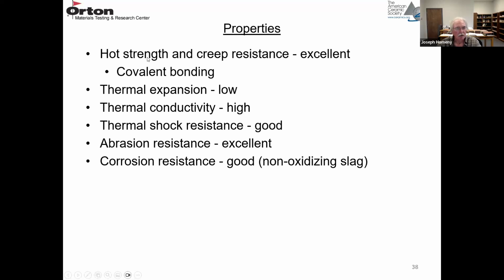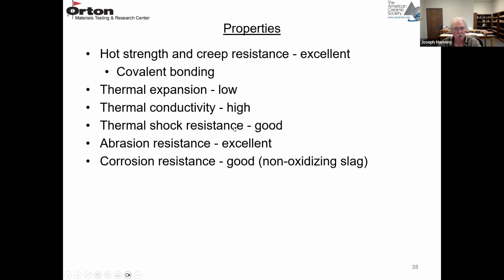So silicon carbide is covalently bonded. It is high strength and high creep resistance. Again, the low atomic mobility prevents creep from a diffusion type process. So it's high strength, high creep resistance because of the strong bonding. Strong bonding gives low thermal expansion. It has high thermal conductivity.